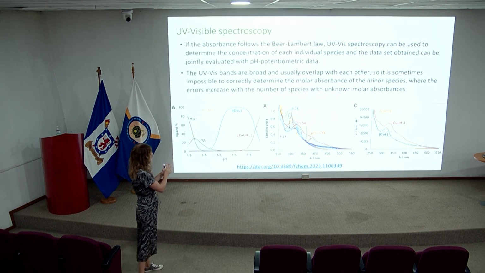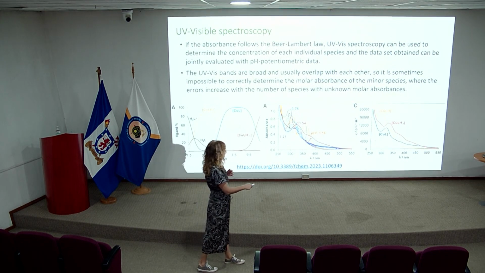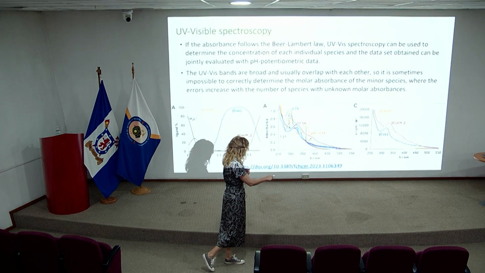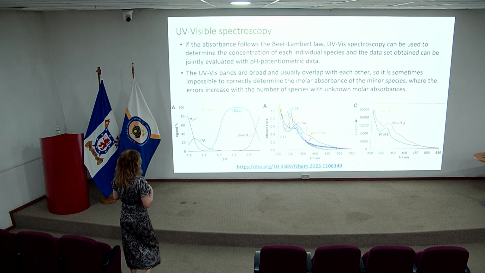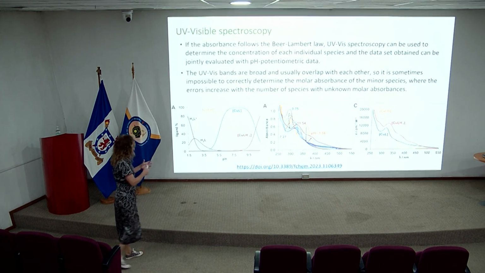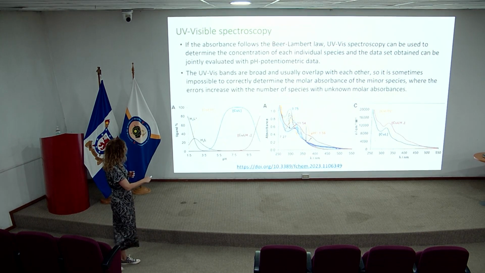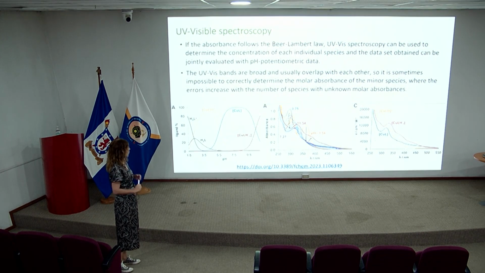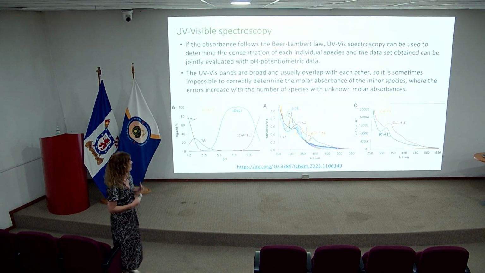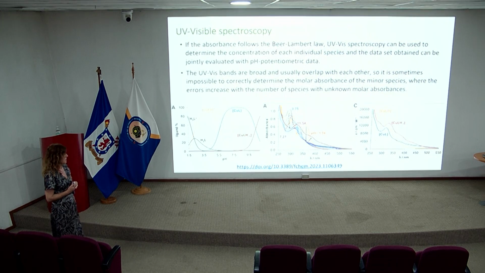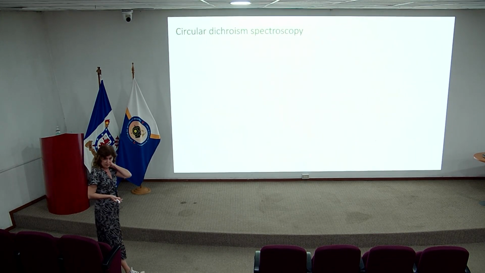Basically we follow these changes and we determine the molar absorptivity spectra for each of the species, okay? And so this is a way to achieve these speciation diagrams. In fact, in this system, we had 3 different copper complexes in different protonation states, which had very different UV visible spectra. We can also use circular dichroism.